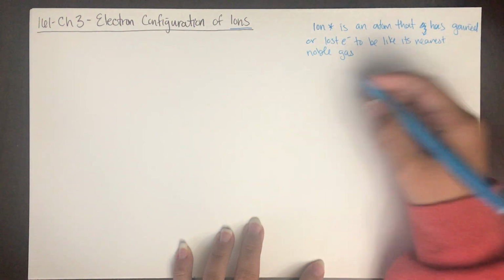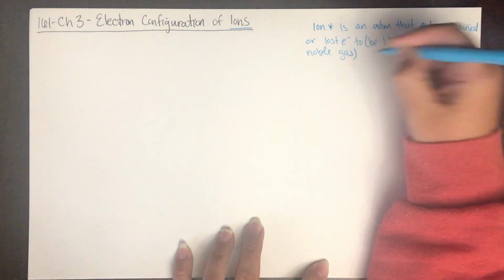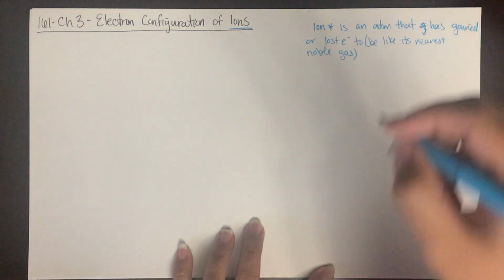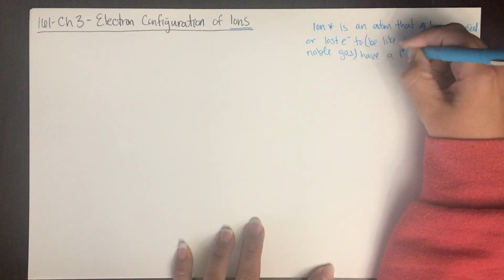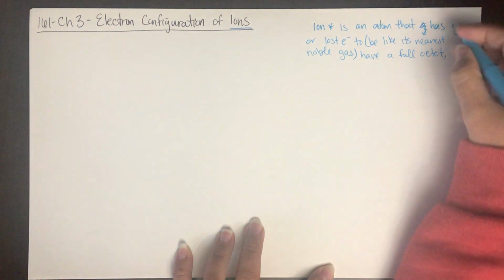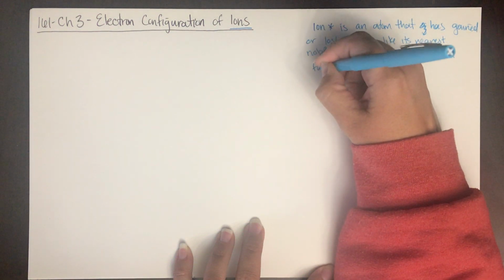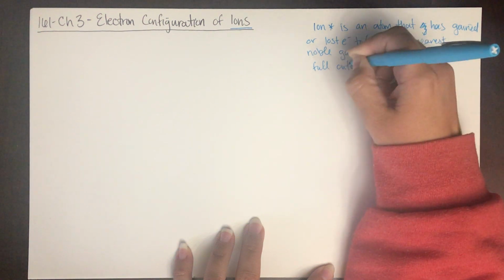And I guess to be like its nearest noble gas, I'm going to say to have what's called a full octet. Or you could even say a full outer shell. It's just one T.